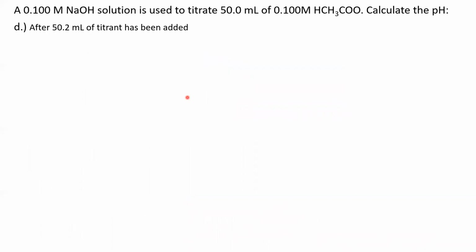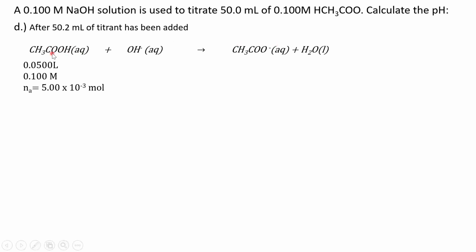Now let's go beyond the equivalence point. So our reaction is the same. The moles of acid are the same, but the moles of base have gone up because now we're past the equivalence point.